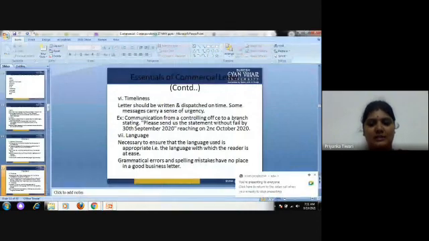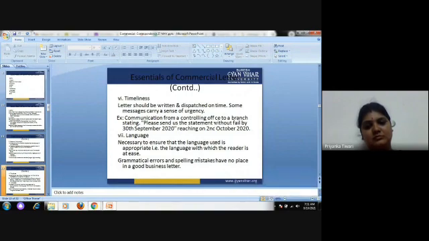It is necessary to ensure that the language is appropriate, a language with which the reader is at ease, and free of grammatical errors and spelling mistakes, which have no place in good business matters.